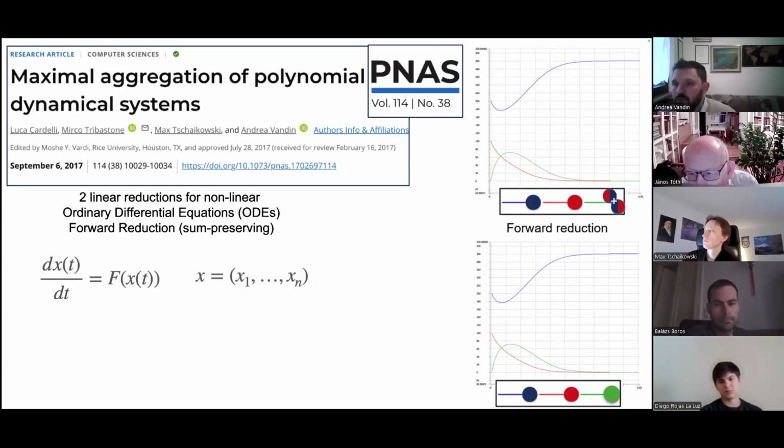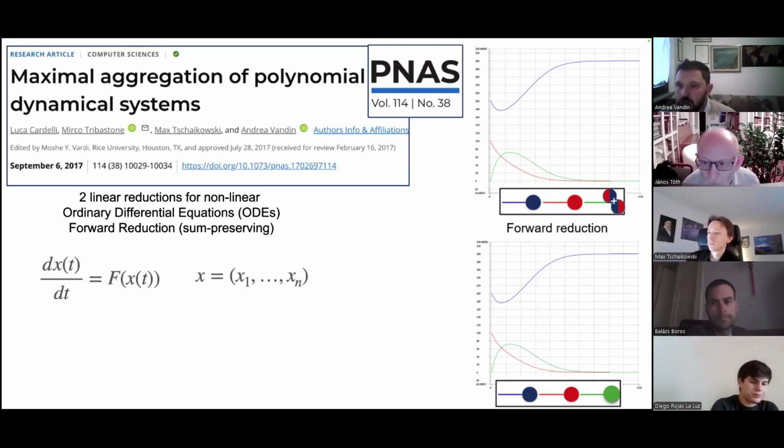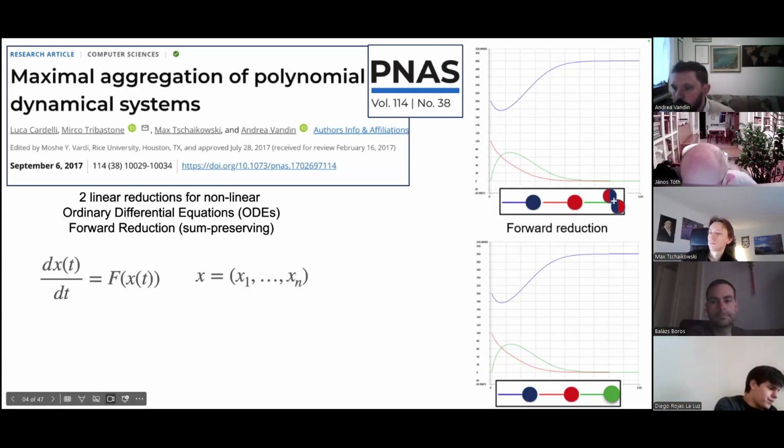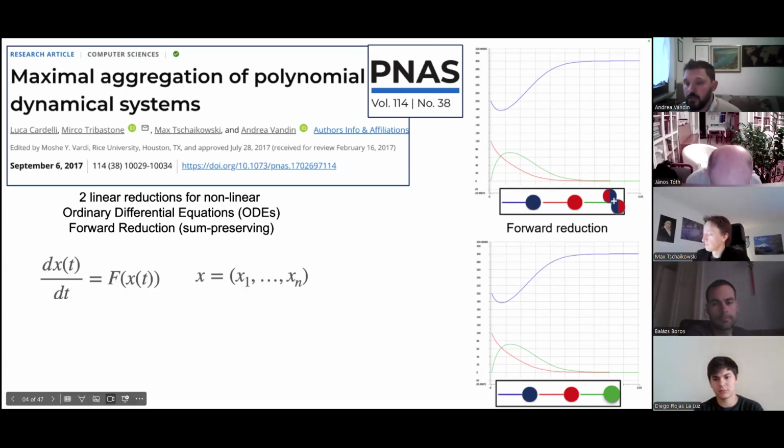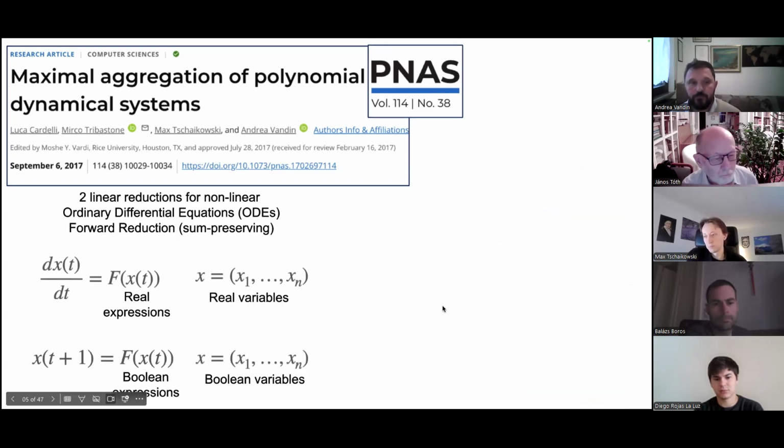So even if we have 4 variables, we plot this green trace. This green line is the sum of the 2. We can get a simpler representation of a model with 4 variables into 3, where the green variable represents the sum of the 2 original variables. So the model is simpler to analyze, and we preserve not all the dynamics, but all the dynamics of interest in this case. The modeler says, I want to preserve blue, I want to preserve red, I don't care about the other 2, so they get lumped, aggregated in the same variable.